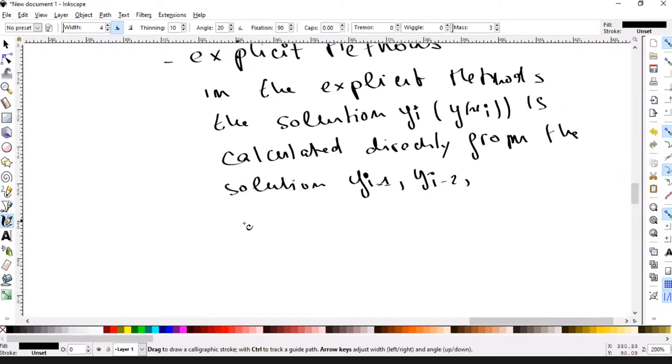So the solution yi depends on all the previous points.